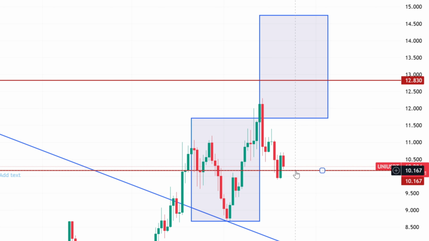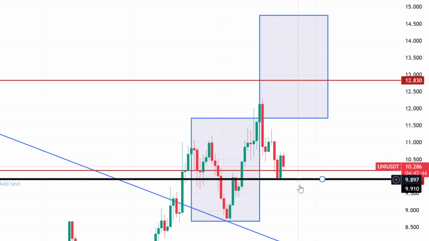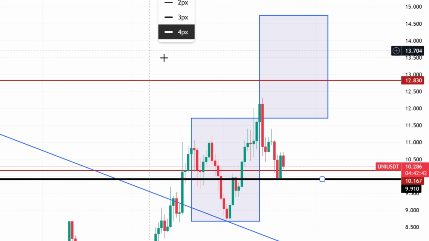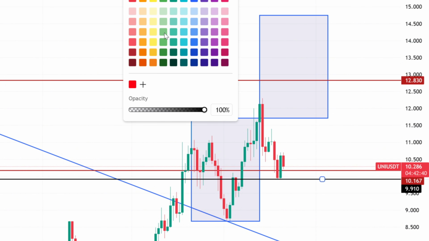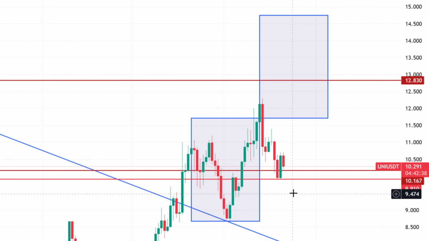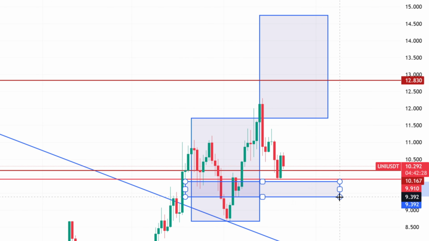So first of all, of course, the invalidation level, but then we are also looking at, of course, the recent low that we have made. But we don't want to have this in black, we want to have this in red. That is the next level that we are looking at. And then we have a little support zone that we have right about here.